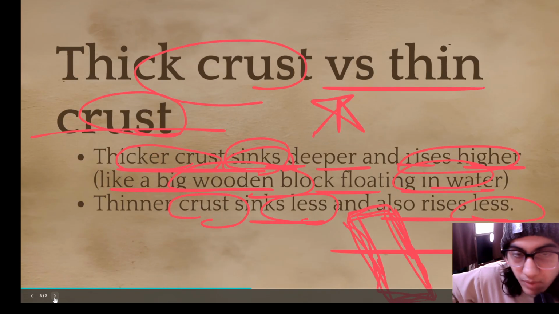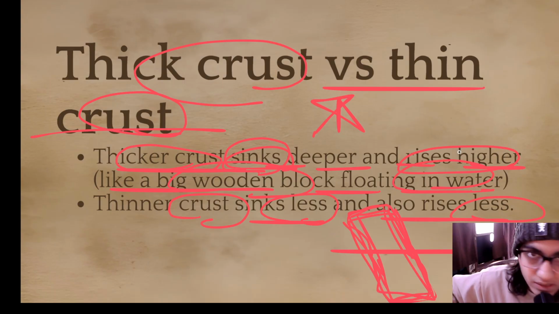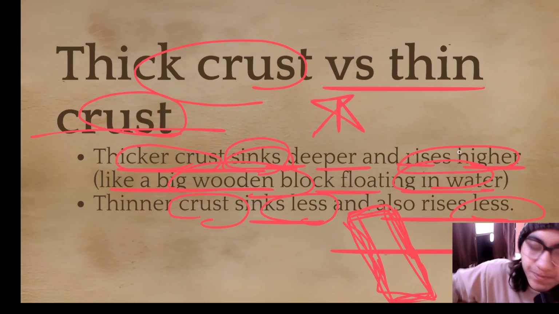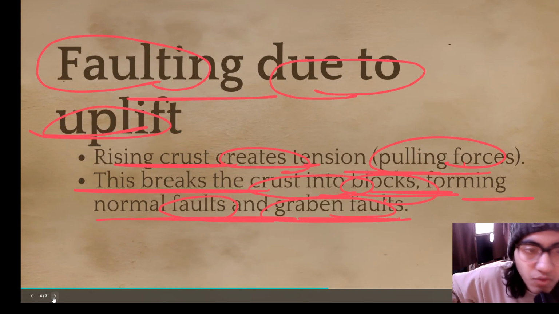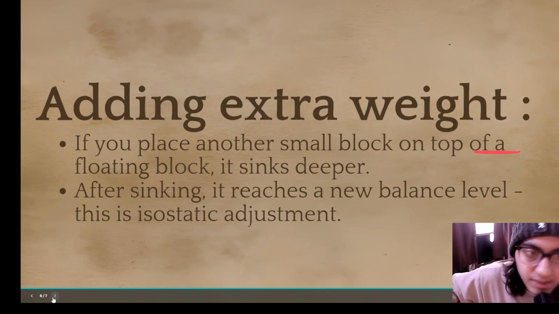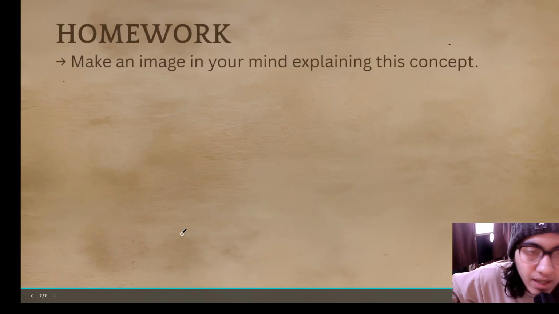Mountains basically have deep roots, and those roots are not much denser. We have seen this. And faulting, the wooden block example, adding extra weight, isostatic adjustment, isostatic rebound, etc.